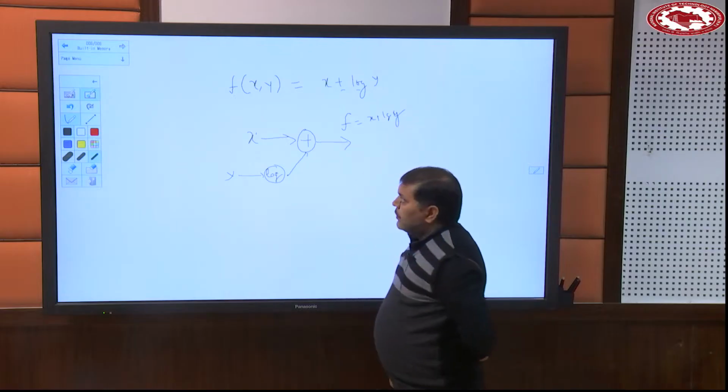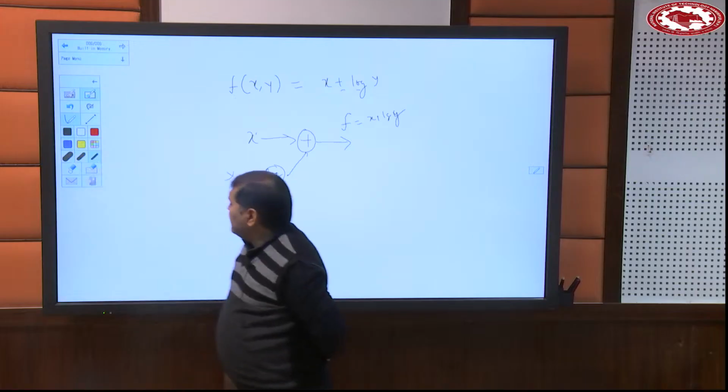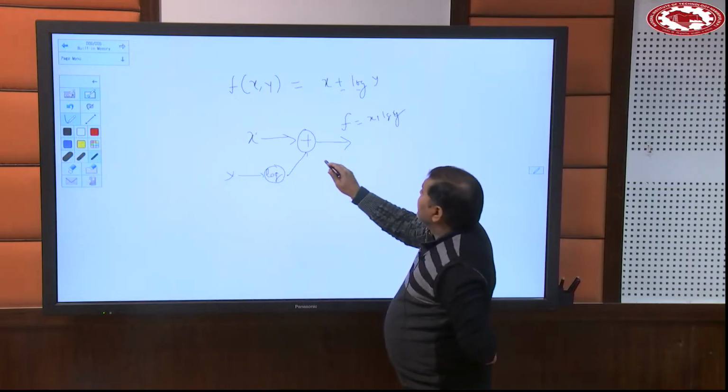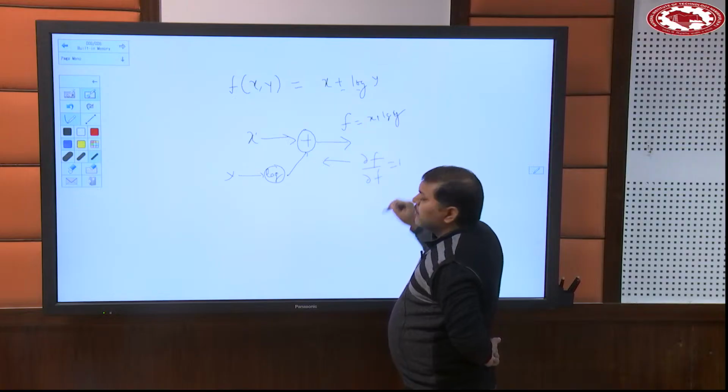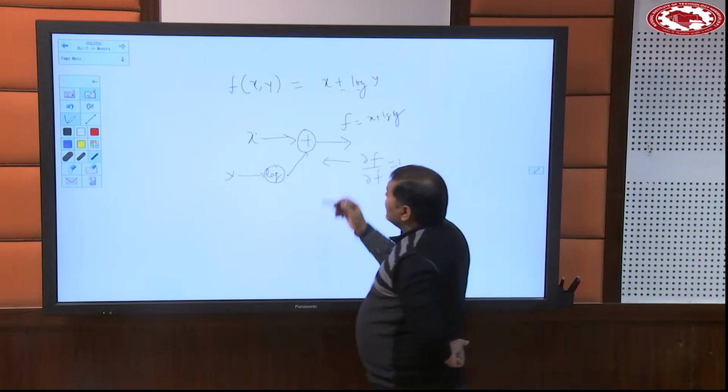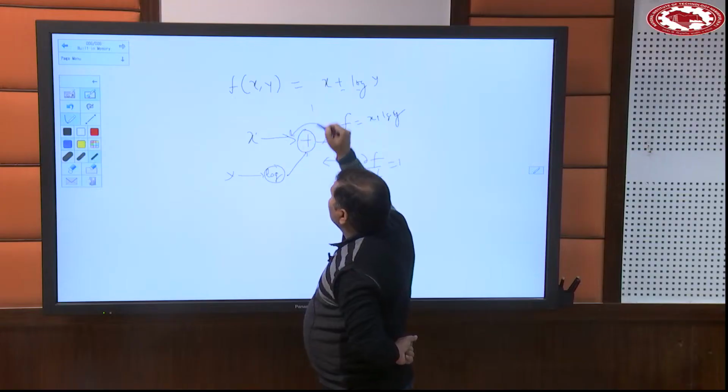Is it clear? How will you compute the gradient? The gradient of this function f with respect to f: very simple step we are following. For every plus operator, just put 1.